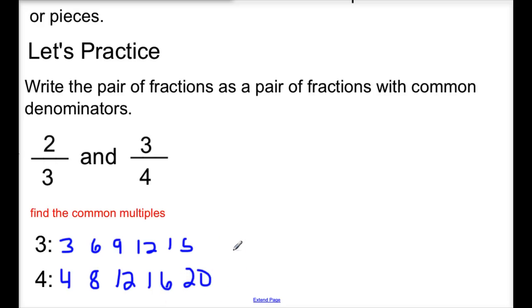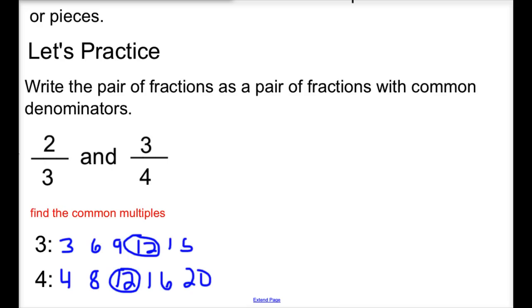Now I'm going to see what they have in common. And I look through my multiples, and I can see that there's a 12 here, and there's also a 12 here. And so this is the number or the multiple that they have in common.